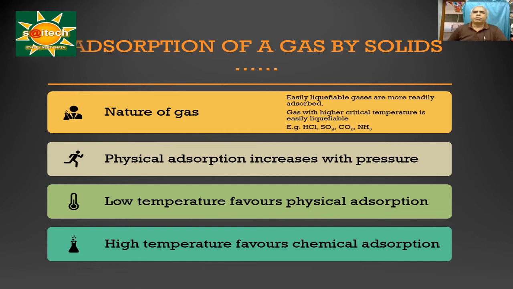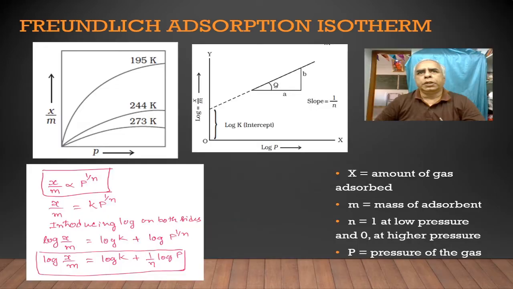And then physical adsorption increases with pressure. Low temperature always supports physical adsorption, whereas high temperature favors chemical adsorption. The Freundlich adsorption isotherm: x by m is directly proportional to P power 1 by n.